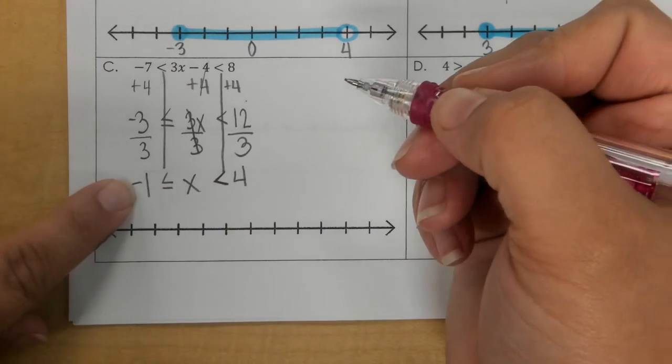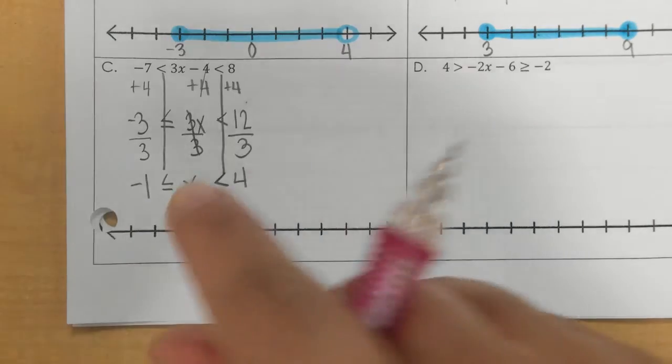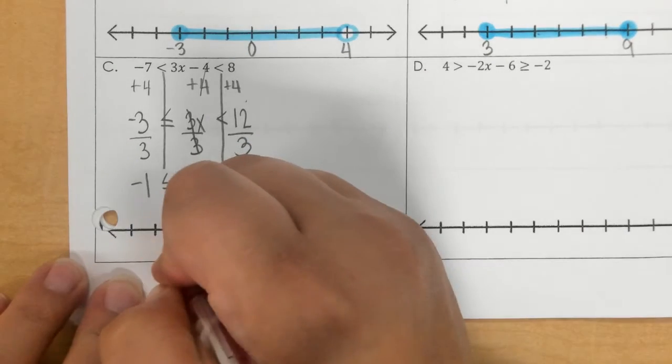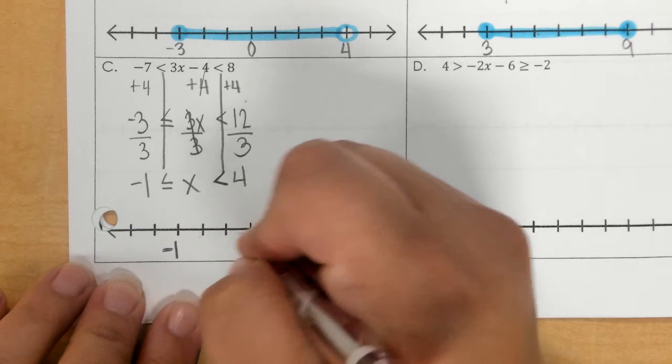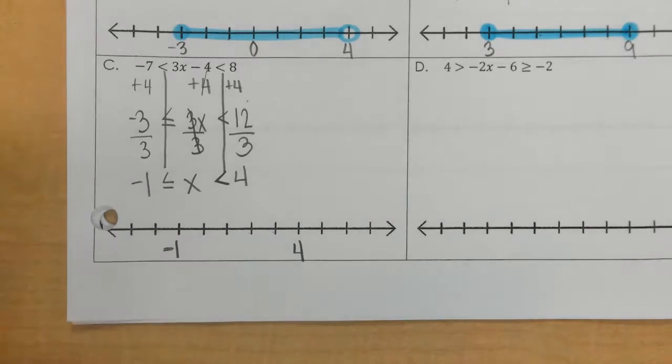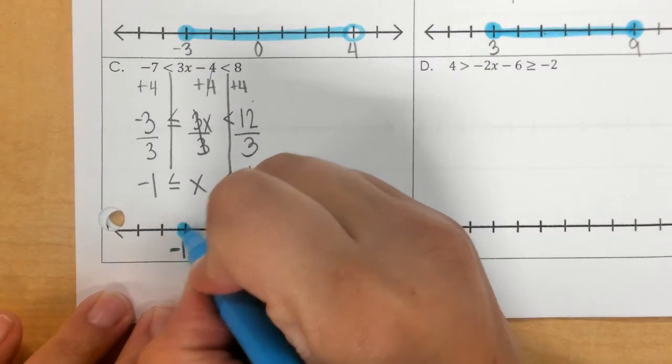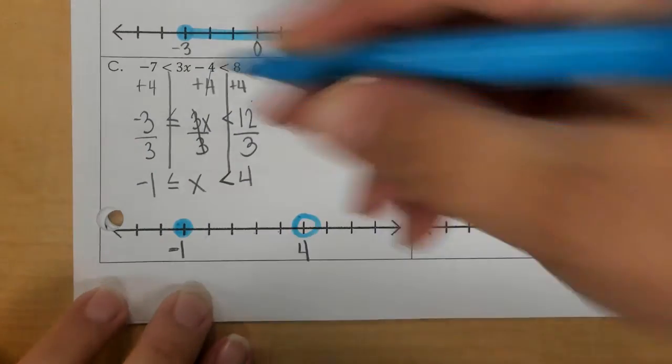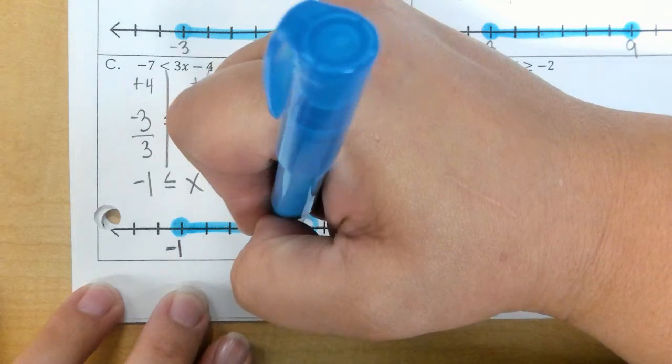So it looks like we have a closed circle and an open circle. So -1 and 4. So we said closed, open, connect.